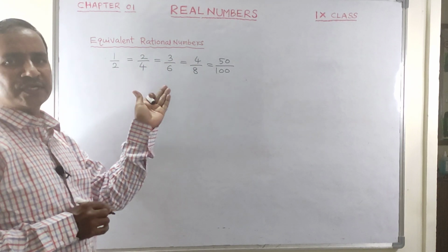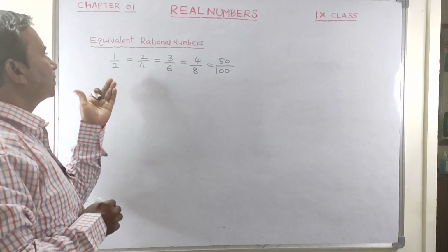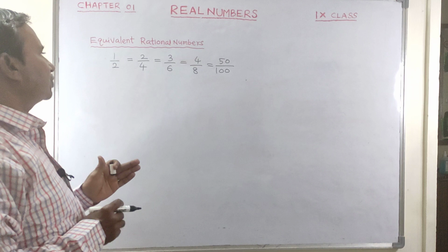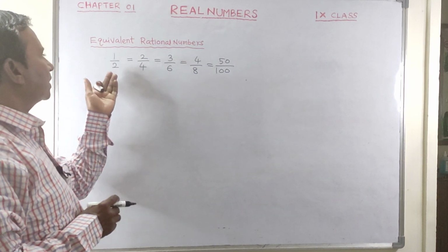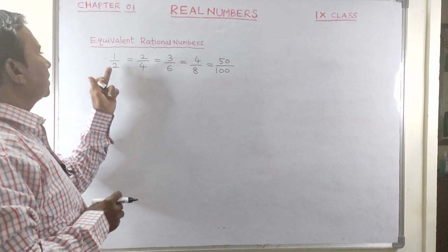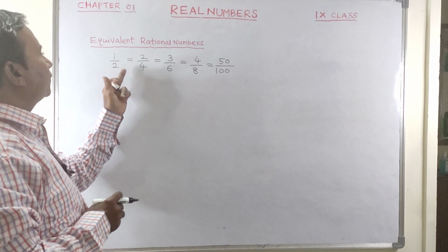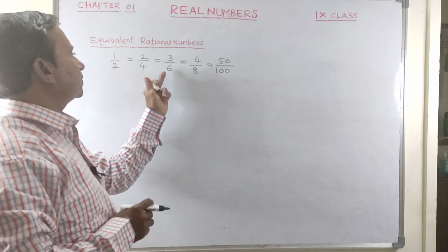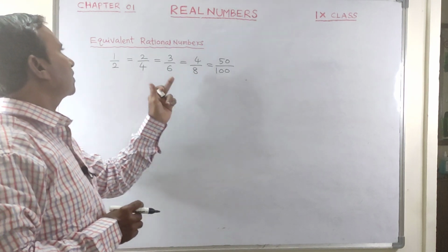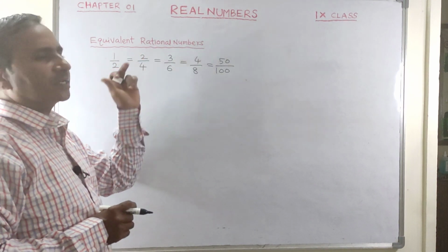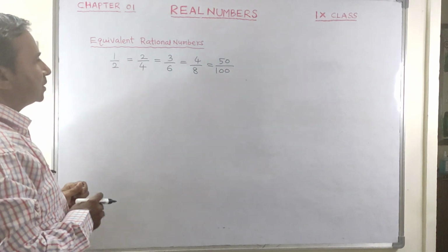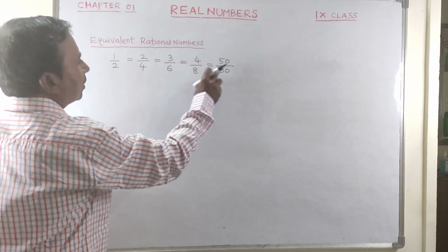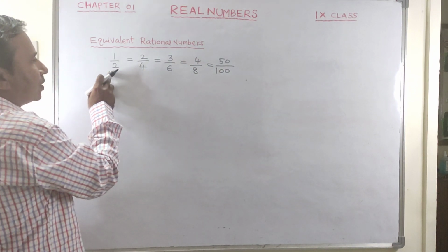That is why we say infinitely many rational numbers are present between any two positive numbers, and the representation also is like this. So any rational number, if you represent it in many forms like this, these are called equivalent rational numbers. Equivalent means this is 100% equal to this one, and all are equal to the given one, 1 by 2.